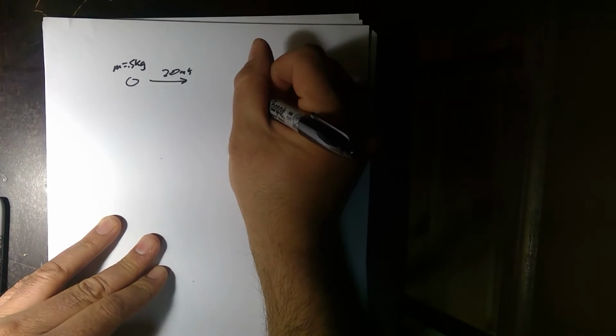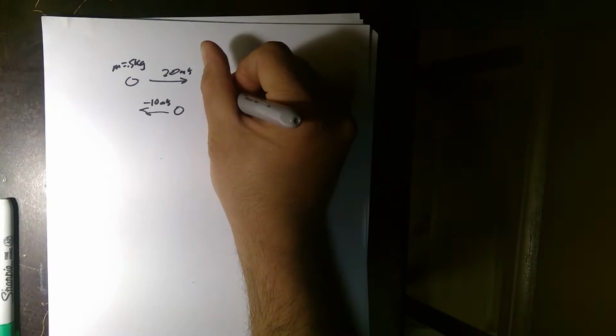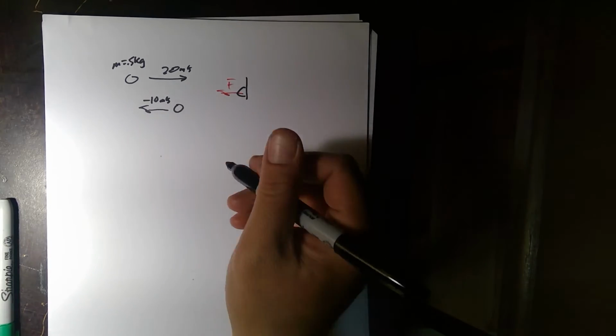So let me just give you an example of that. Let's say an object is coming in at 20 meters per second. Let's give it a mass of a half a kilogram, 0.5 kilograms. It's going to hit a wall, and then it's going to rebound that way, at negative 10 meters per second. There's a change in momentum here. This thing experiences a force. We have enough information just based on this to get the change in momentum.